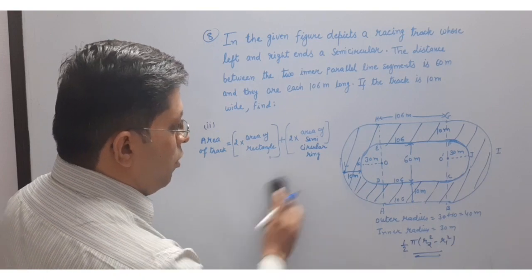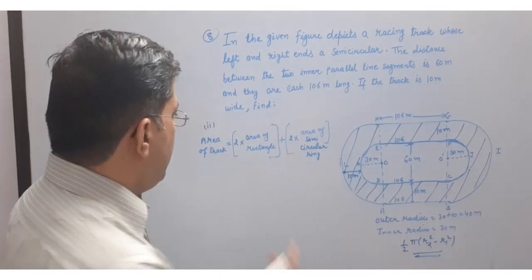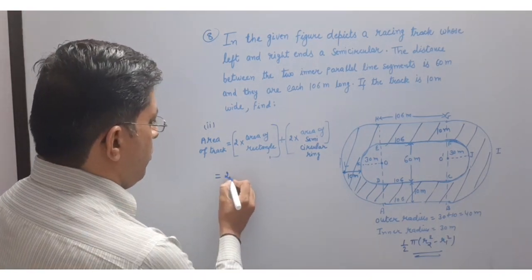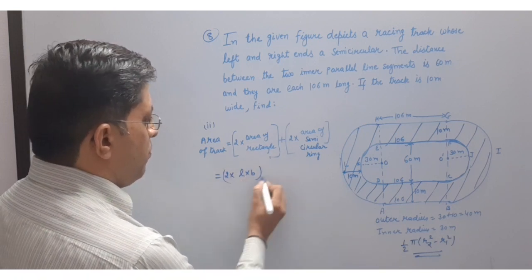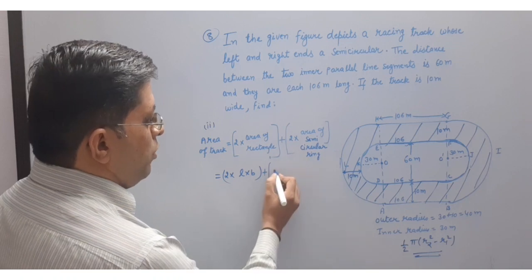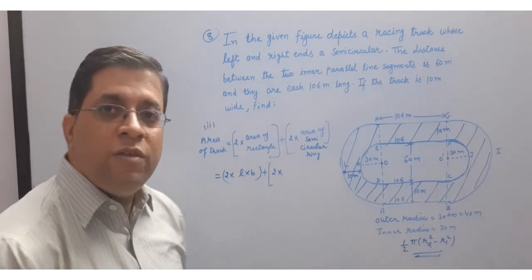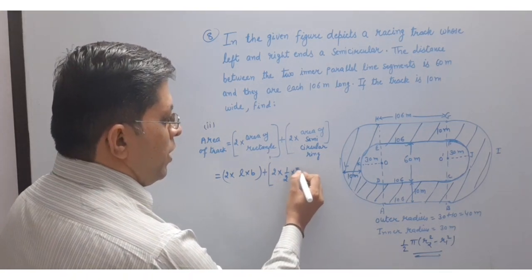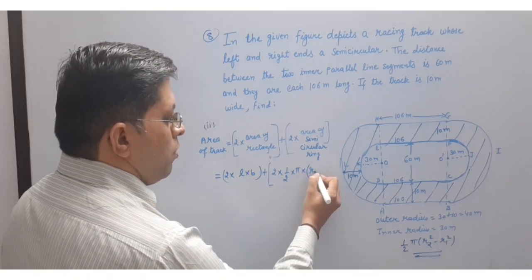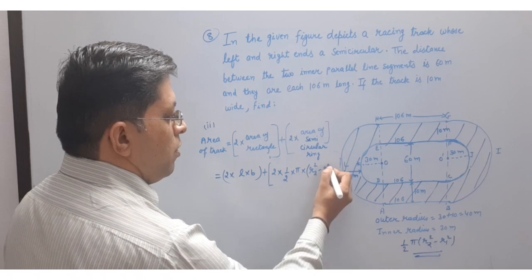Now I'm going to put all this in formulas. See, 2 into area of rectangle, that is L into B, plus 2 into area of semicircular ring, that is half pi, r2 square minus r1 square.